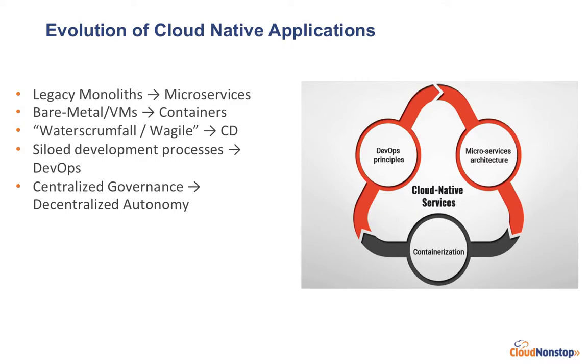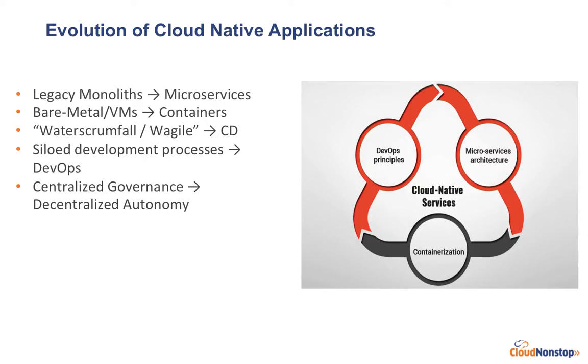And a huge cultural shift is also happening, morphing centralized governance towards decentralized autonomy. And that's huge, as you would appreciate in larger enterprises where there might be dozens of development teams all around the world. Enterprises always like to have some sort of harmony and homogeneous development and deployment environments to reduce moving parts in the entire development and IT stack, trying to come up with some standards for development tools.